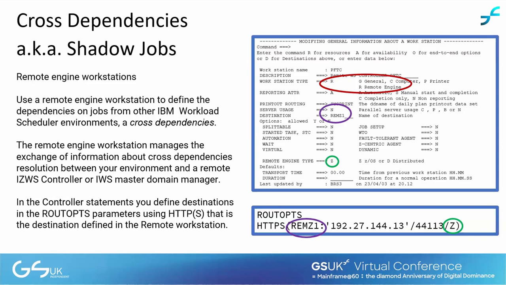And in order to be able to do that, you have to define the destination. So in the parameters for IzWS, you would have a root-op statement using HTTPS and providing a destination name, the IP address, port, and also on the end it would be a Z for a Z remote.